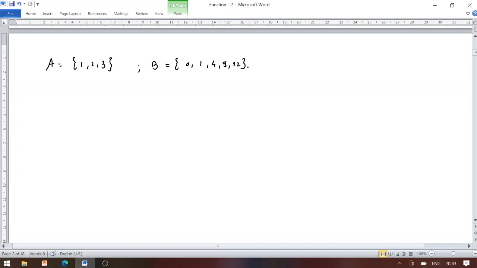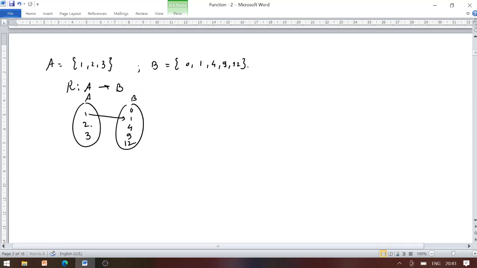Here we have a relation R from A to B, where A has elements 1, 2, 3 while B has elements 0, 1, 4, 9 and 12. Under the assumption, 1 is related to 1, 2 is related to 4 and 3 is related to 9.